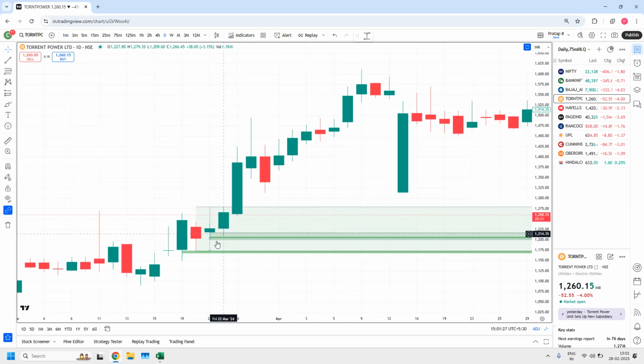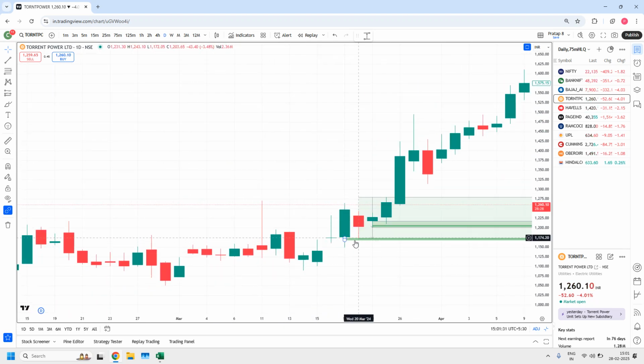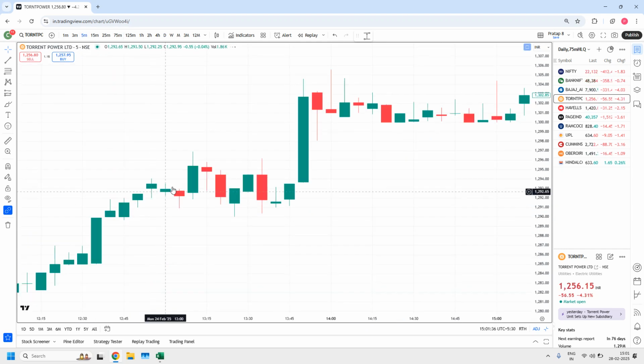First of all, these are all the fine-tuned zones we discussed earlier. It is having 2 order flows. One is the origin and another one is a fine-tuned 5-minute zone. Let me directly go to the 5 minutes time frame.